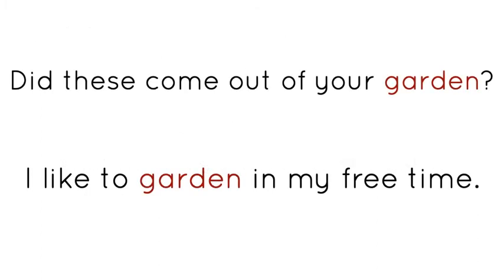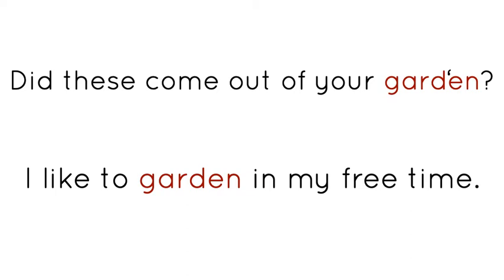A garden is both a thing as well as an action. Did these come out of your garden? If we're thinking about this as a noun, a garden as a noun, that accent comes on that first syllable. Did these come out of your garden?